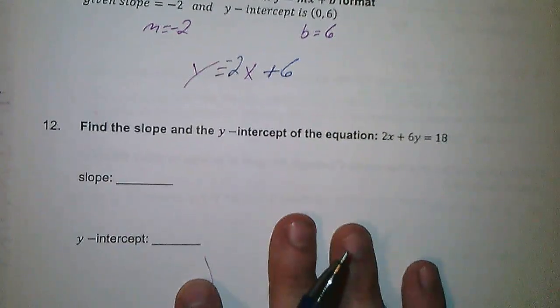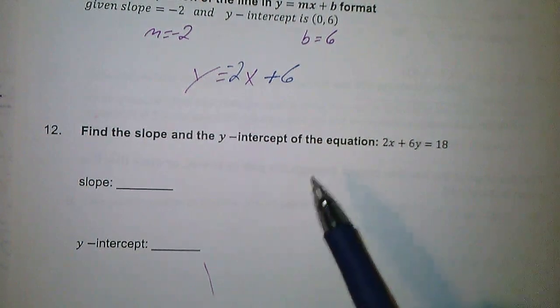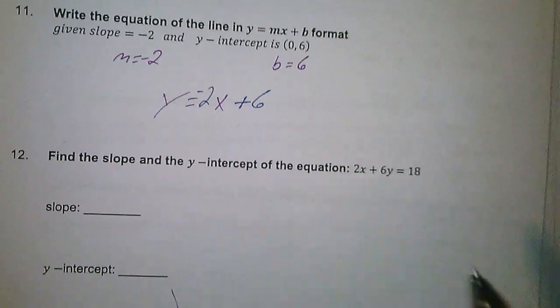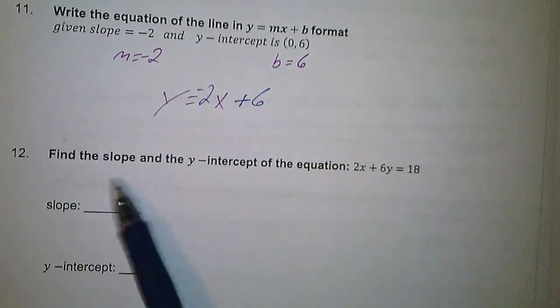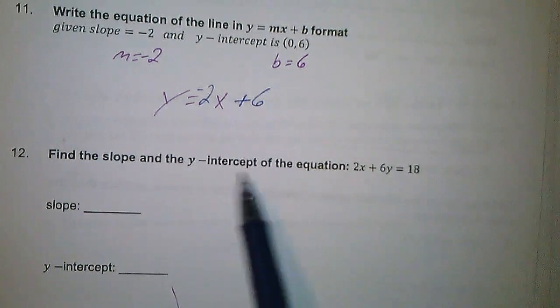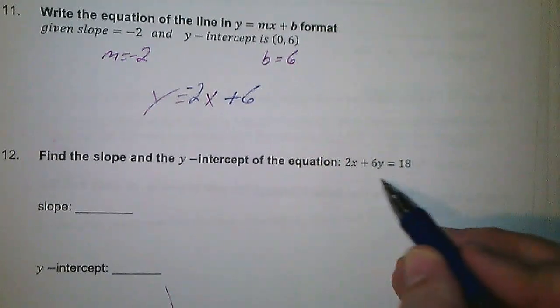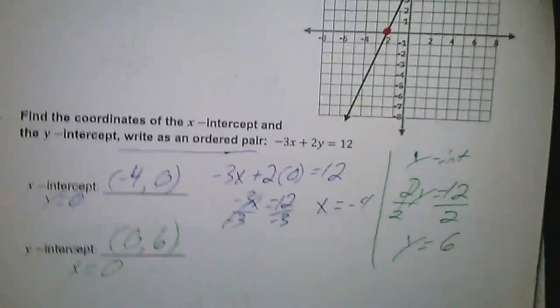Oh, I do like to point this out in the linear graphing review. There will be 2 questions in the test that look very similar. On question 12 here, we are asked to find the slope and y-intercept of the equation. But we're in standard form, which is the same as number 4 here.